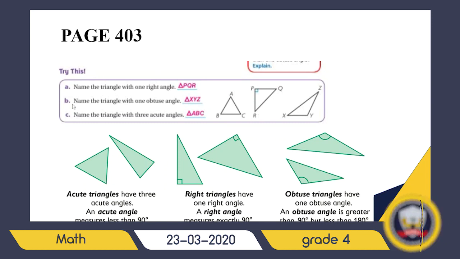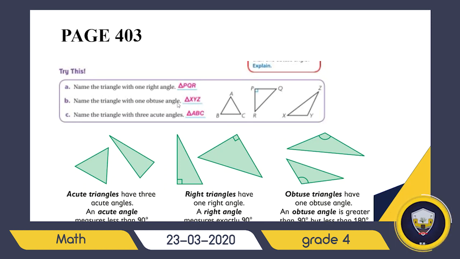Question B. It says name the triangle with an obtuse angle. Which one has an obtuse angle? X, Y, Z. Good. Because angle Y is an obtuse angle. So we can say triangle XYZ is an obtuse triangle. It has an obtuse angle.